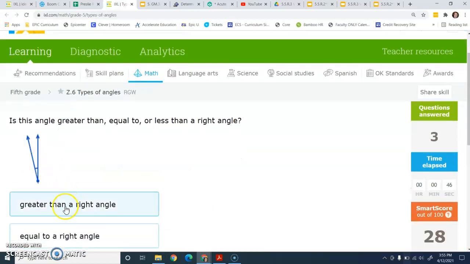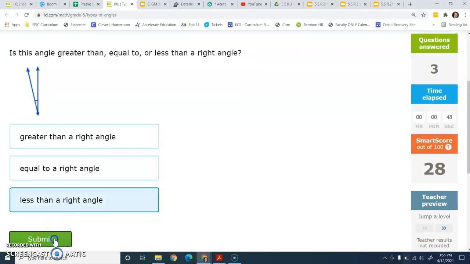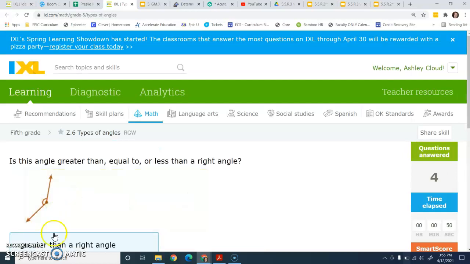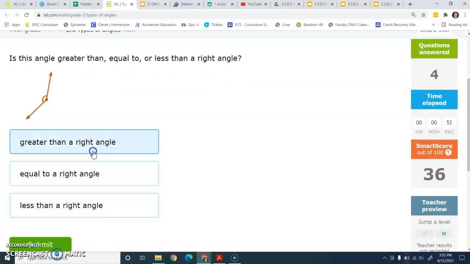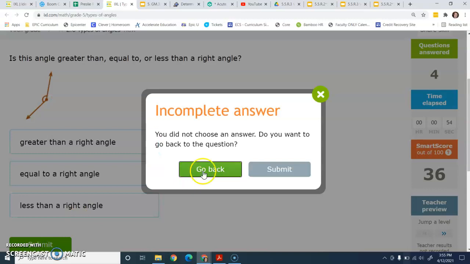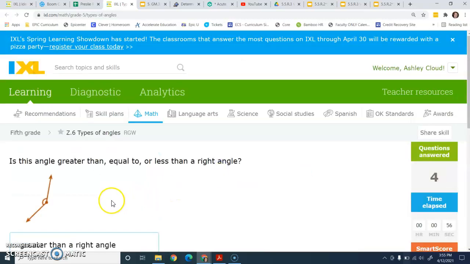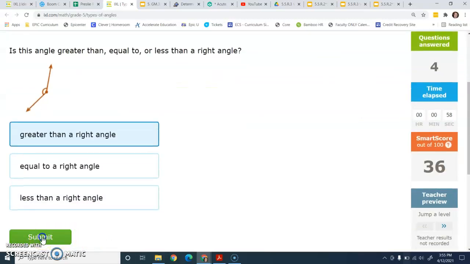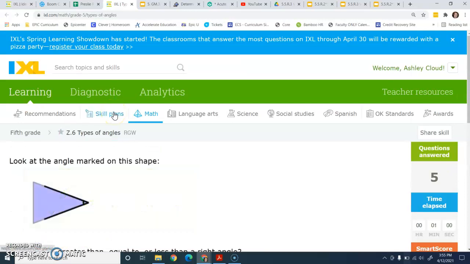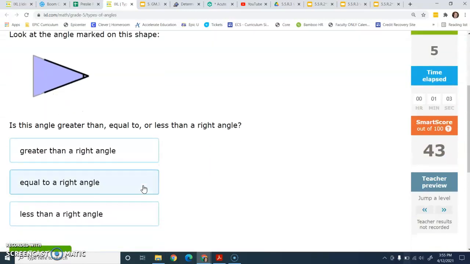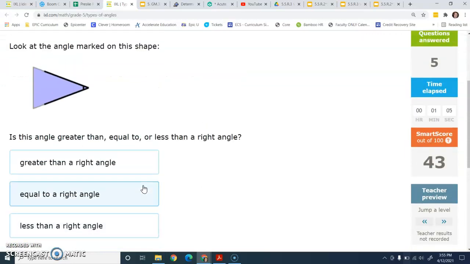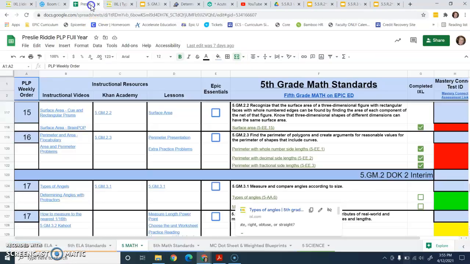This one right here obviously would be less than a right angle. This one would be greater. So you get the idea. You're just trying to figure out, is it greater than or less than a right angle?